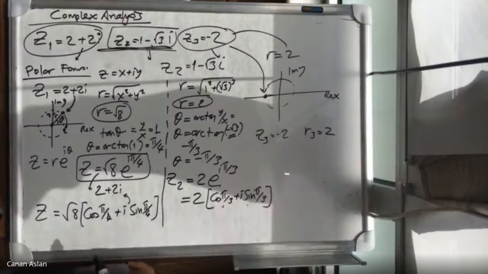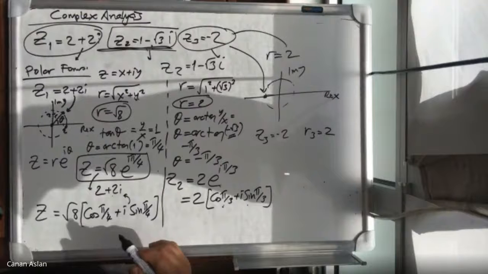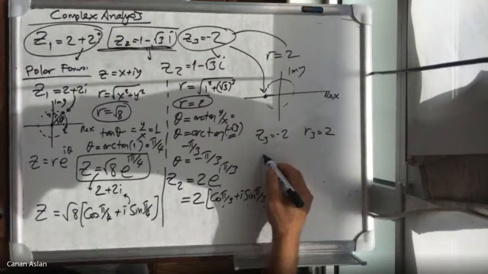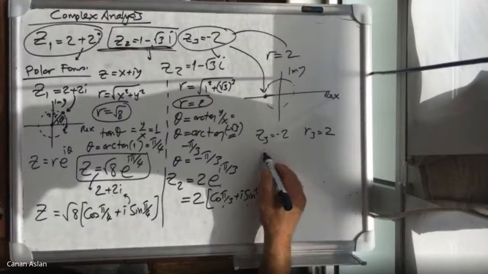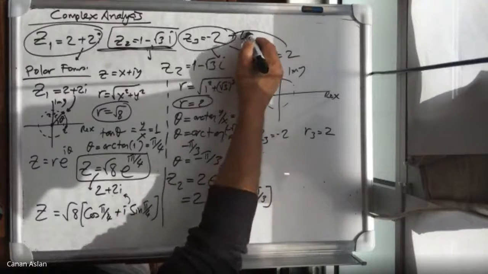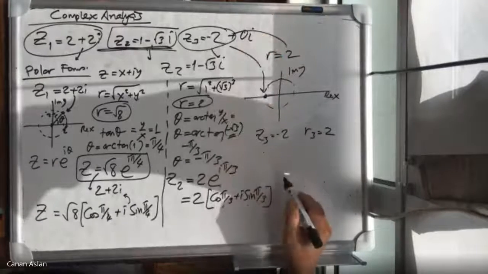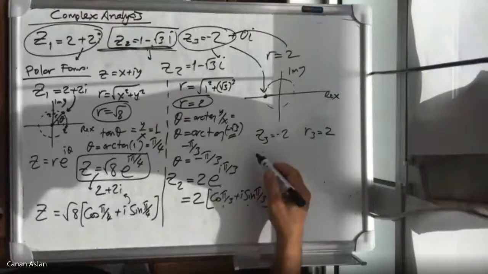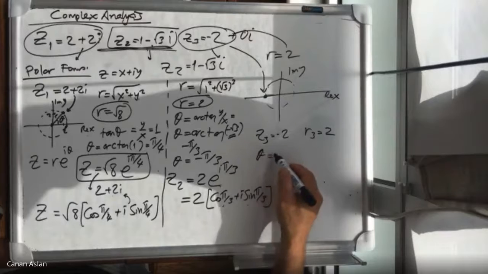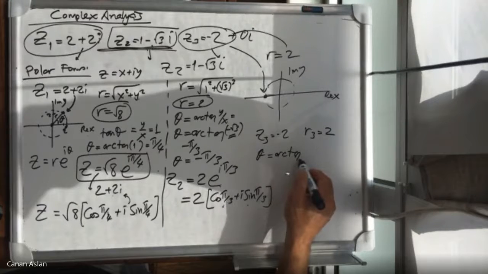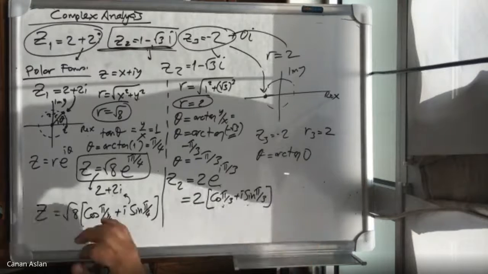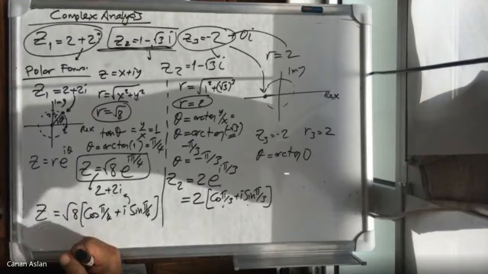Now we also have to get the angle. What angle gives you 0? Remember that we have minus 2 plus 0 times i. To get the angle theta, we use again the arc tangent of 0.